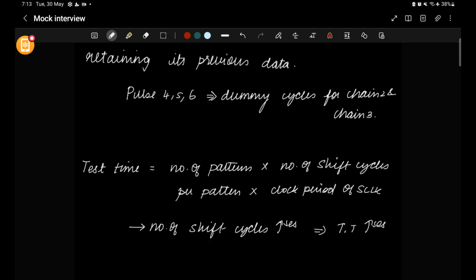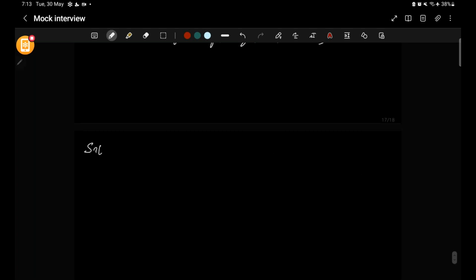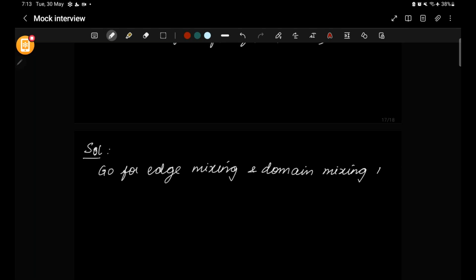So now the fix, the solution, is go for edge mixing and domain mixing, to get balanced chains. So this is where we will actually give that command.